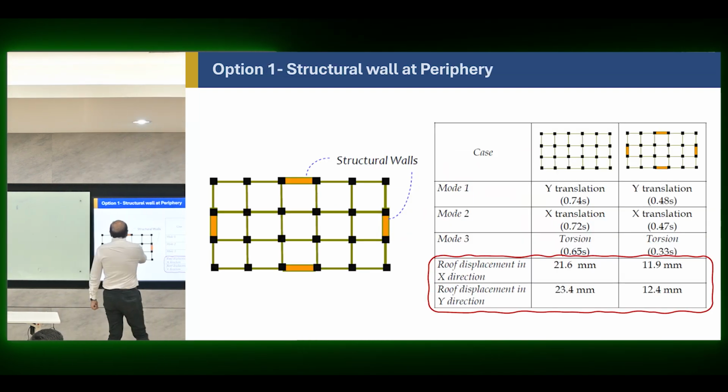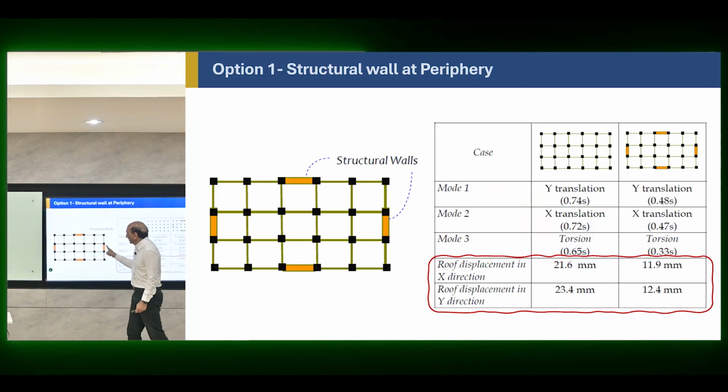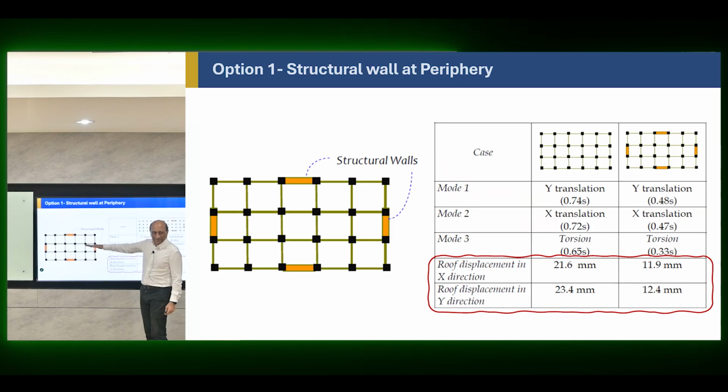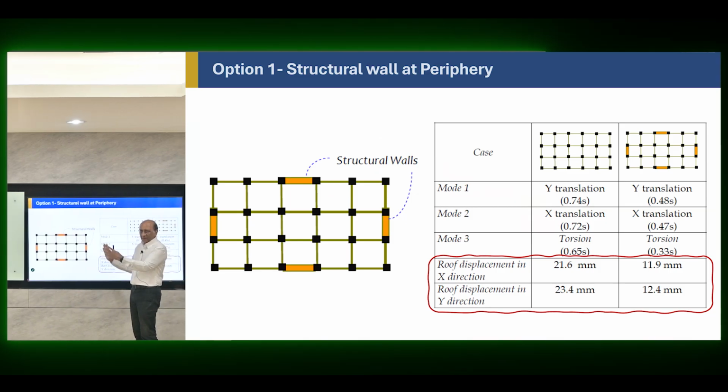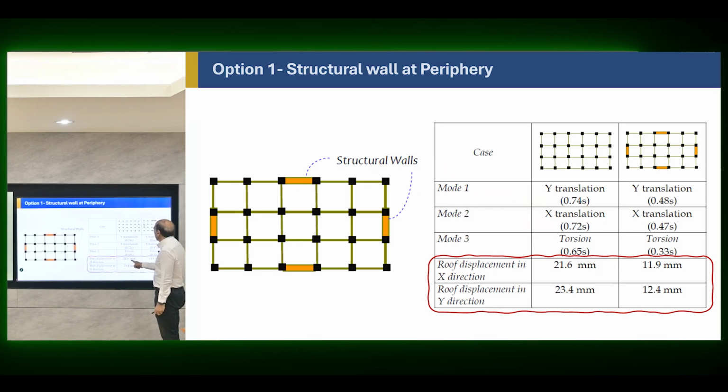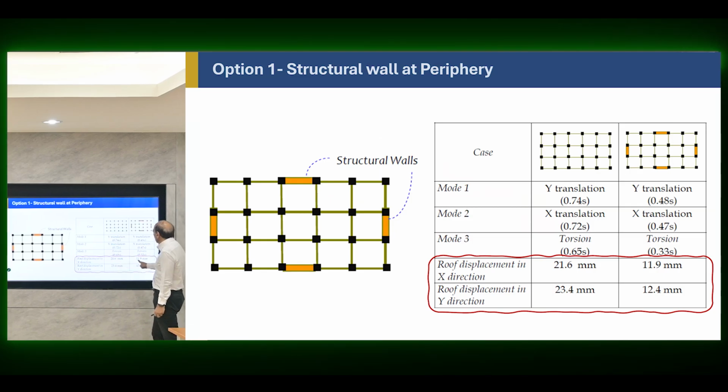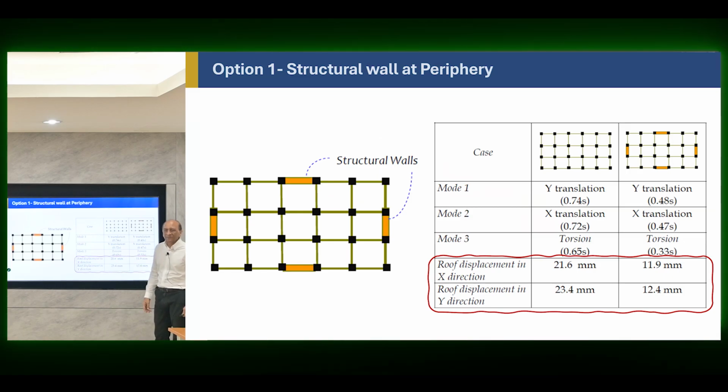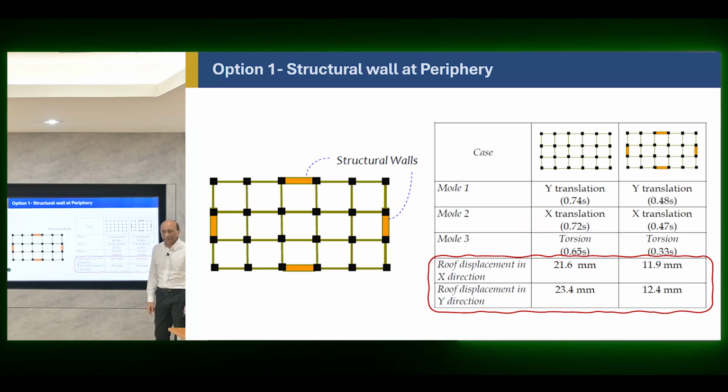So for example, if you put these 4 walls here, one here, one here, one here, like that, 2 on each side to brace this side and this side, you will see that the displacement has come down from 21 to 11 millimeter. Both direction displacements are nearly equal, and this is fine. So the displacement has been reduced by almost 50% by adding those 4 small walls into the building, right? So that means they really help a lot, increasing the stiffness by twice.